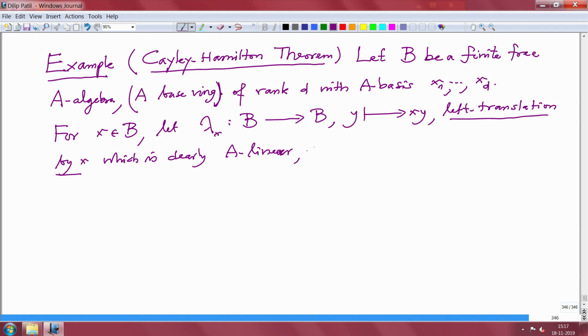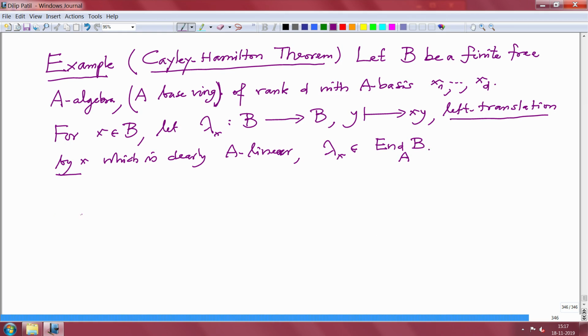That means this lambda x is an endomorphism of the free module B over A. Now we have more assumption on B: it is an algebra, that means it is a ring also. So you can multiply by elements of the ring B and get another element of the ring B.